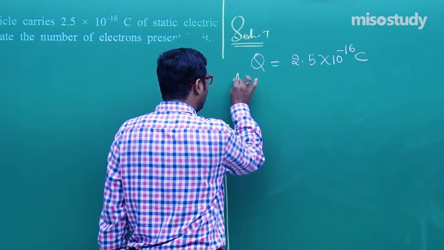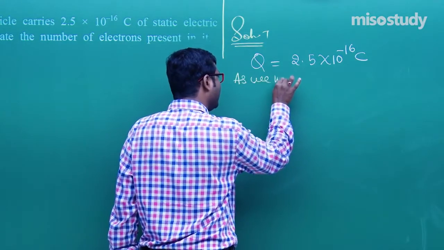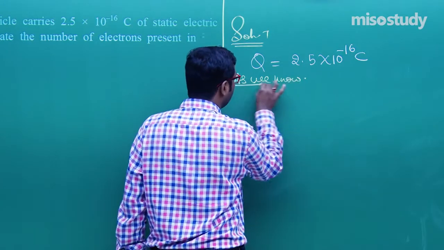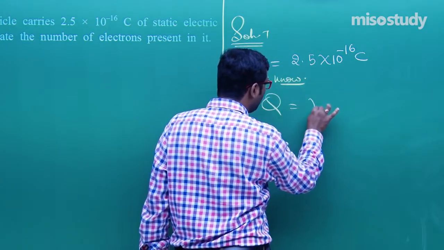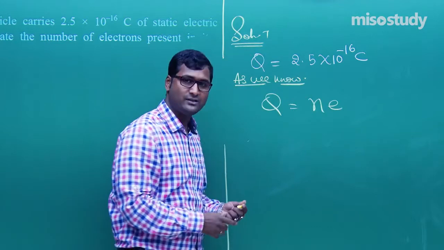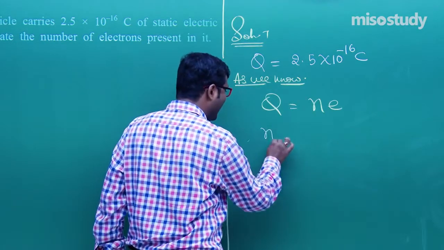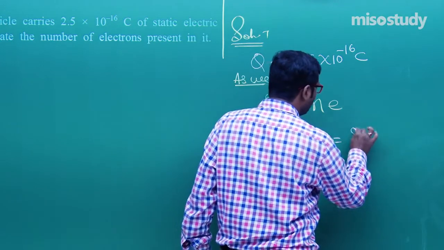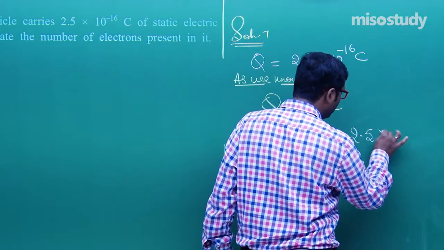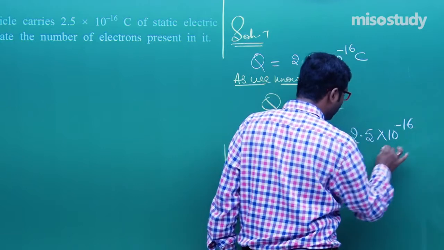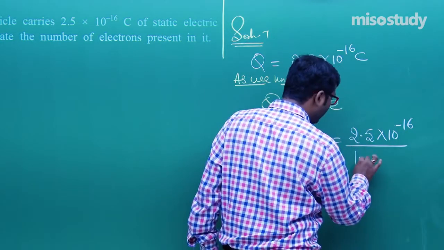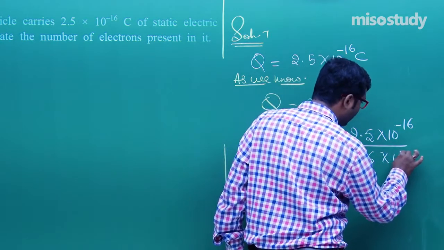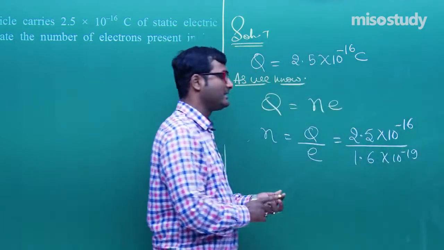As we know, Q is equal to nE. Am I right? Yes. And what is n? n is equal to Q upon E. What is Q? 2.5 × 10^-16. And what is E? 1.6 × 10^-19. Am I right?